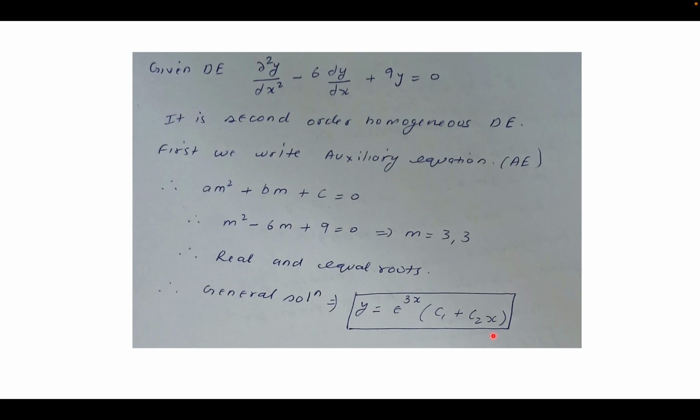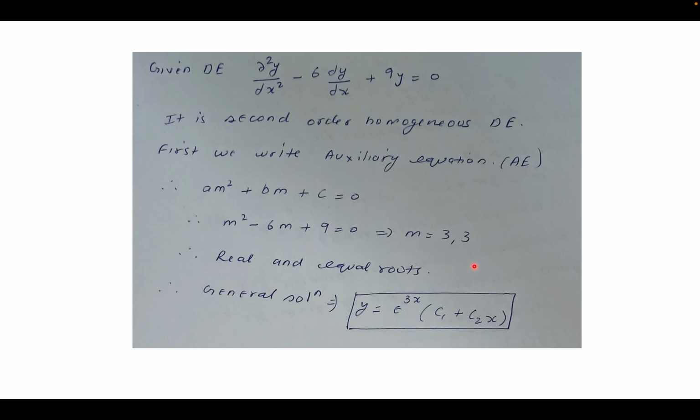And just for completeness, I want to mention here: suppose you have some differential equation, and by solving the auxiliary equation you get values of m equal to 3 and -1, right? So you have both distinct and real roots, unlike here where the roots are real and equal.